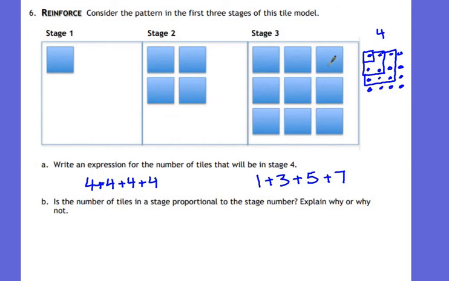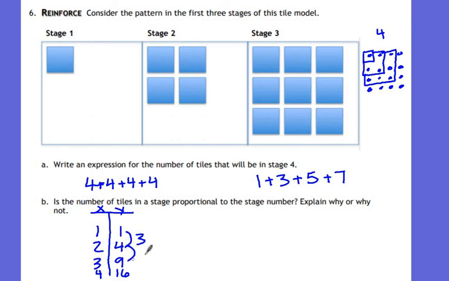So B says, is the number of tiles in a stage proportional to the stage number? Why or why not? I would have to look at this in a table to be able to determine that. I would say, if I'm looking at 1, has 1 tile, 2 has 4, 3 has 9, 4 we found out has 16. So I'm looking, and this is increasing by 3.